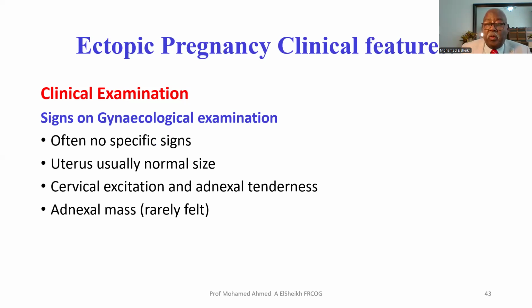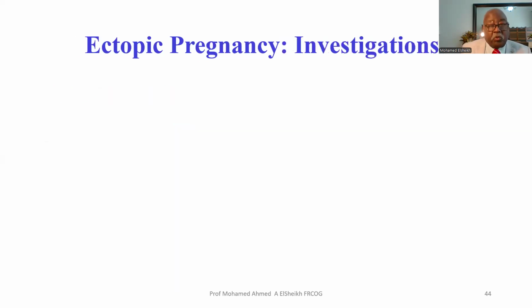That's to say, when one performs a vaginal examination and moves the cervix from one side to the other, the patient usually feels severe pain and she may jump. That's what we call cervical excitation. We may be able to feel an adnexal mass. That's to say, the ectopic is outside the uterus in one of the adnexae, but it's rarely felt. Peritonism is possible.